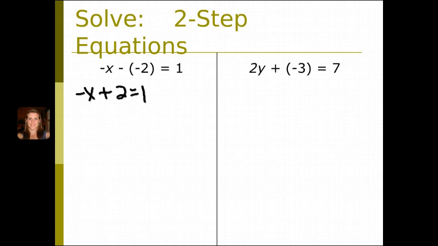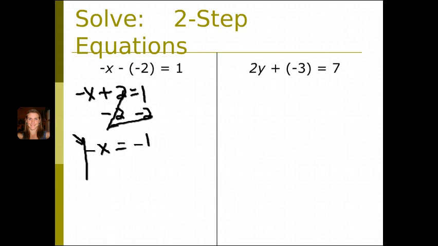Well, first thing we've got to do is get rid of the 2. So we're going to subtract 2 from both sides. The 2's cancel. We're left with negative x equals, and then 1 minus 2 gives us negative 1. Now here comes the second step in our equation. We are never allowed to leave our variable as a negative.